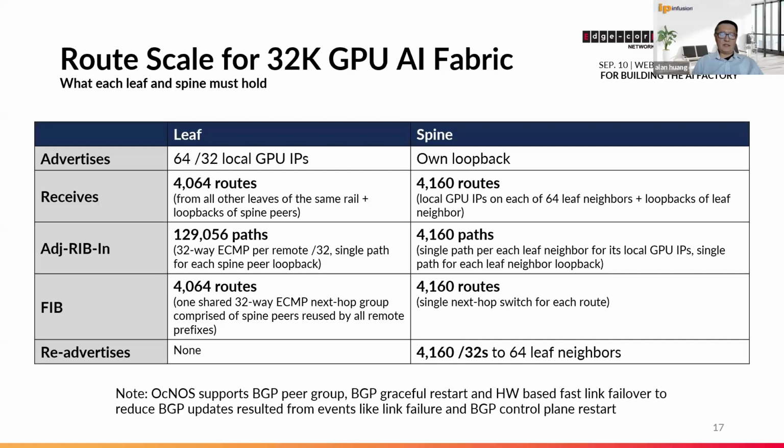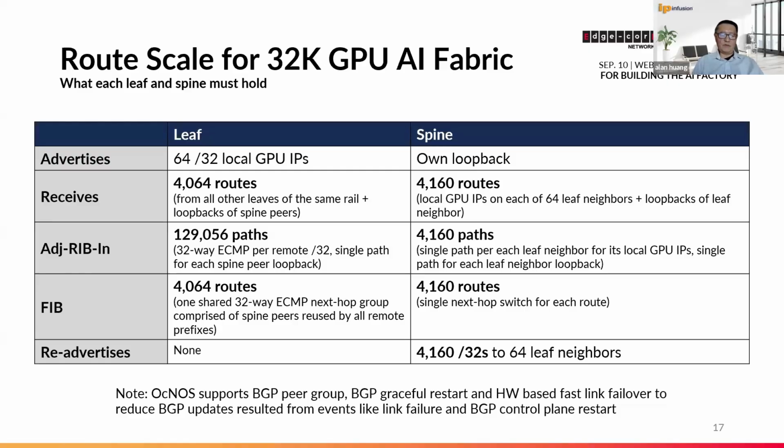This is a relatively low scale for switches like Tomahawk 5 to handle. For a stable routing environment with few updates, other than periodic keepalives, 130K paths, or 129,056 to be exact, will have a minimum impact on the CPU.